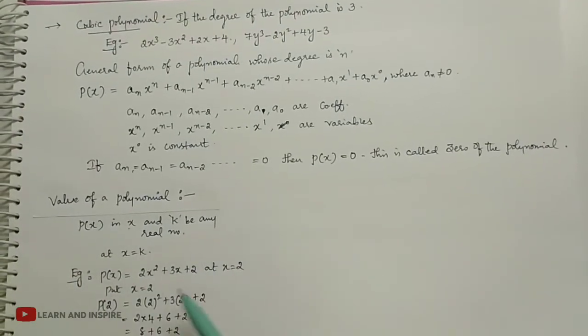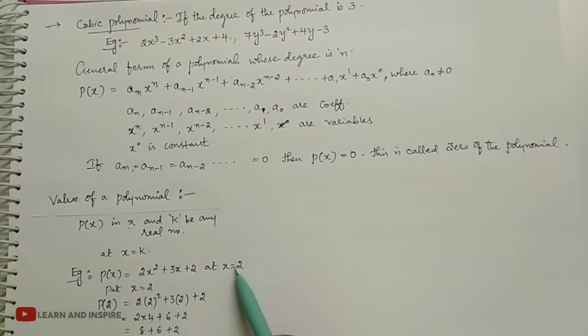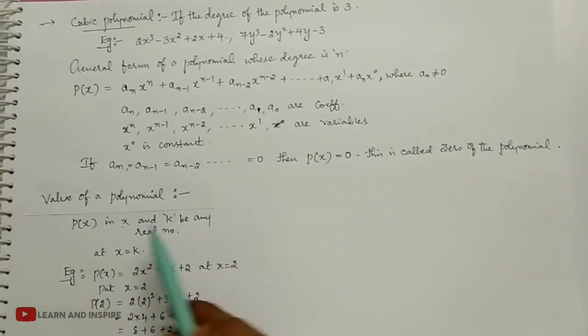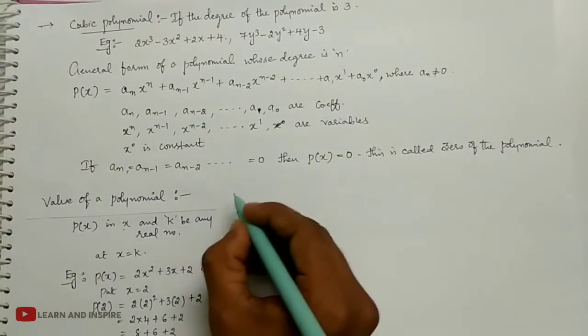So here we are replacing the value of x with k, where this k is any real number. So understood what is the value of a polynomial? I write the definition here.